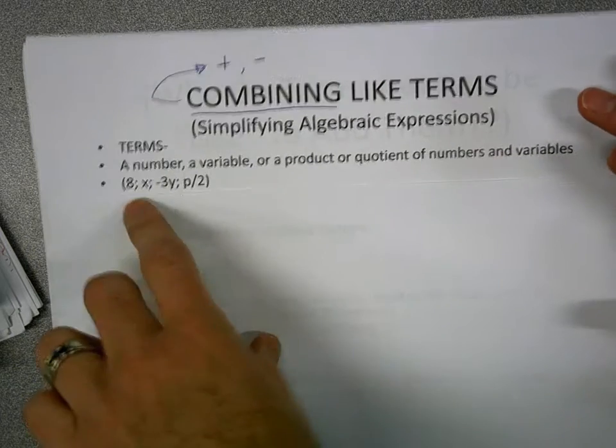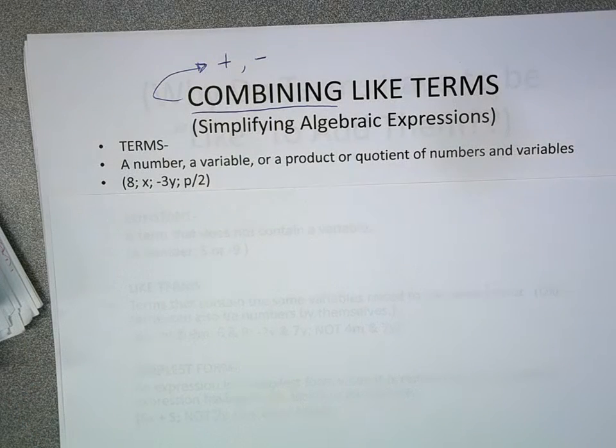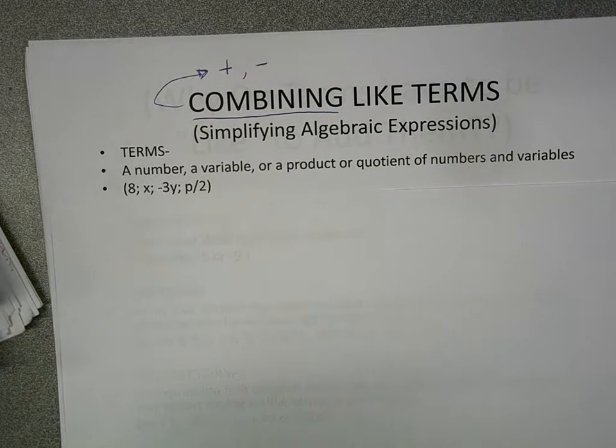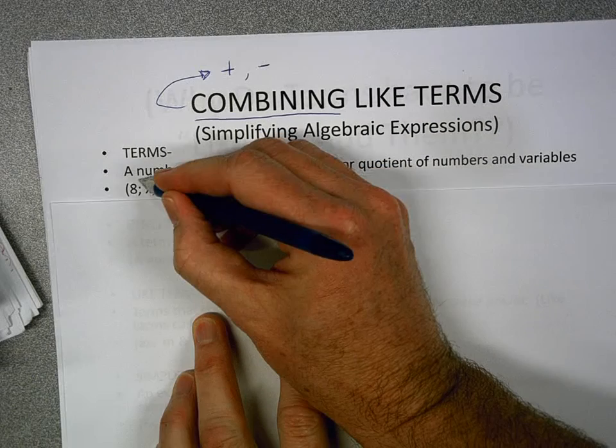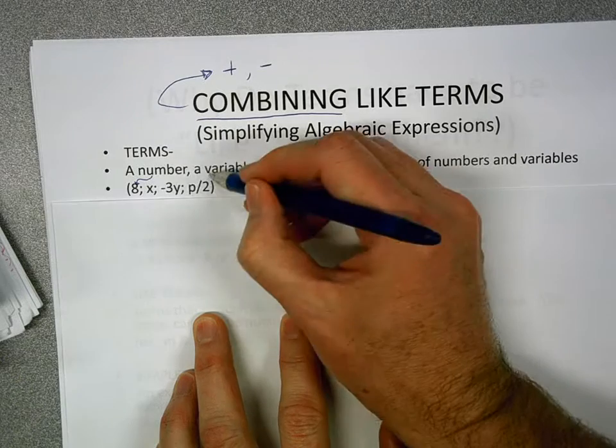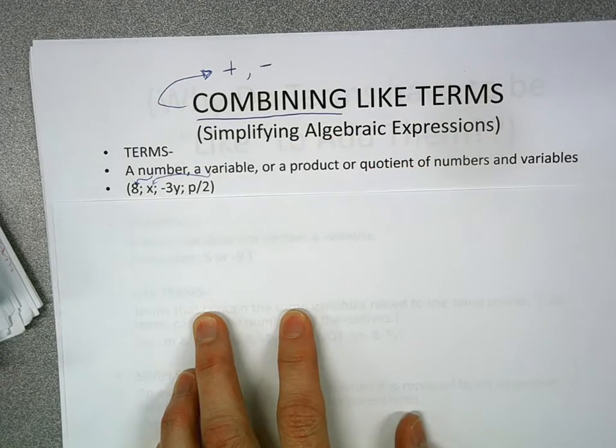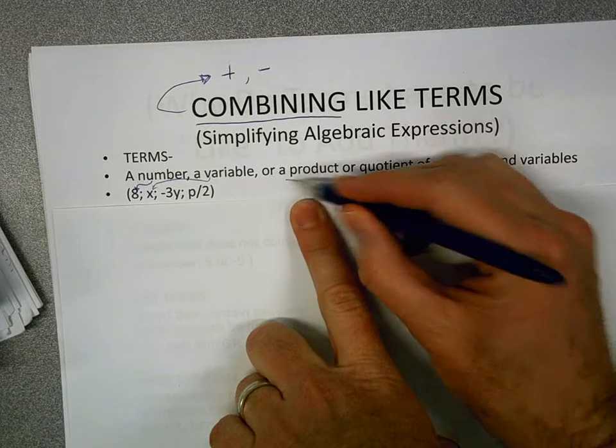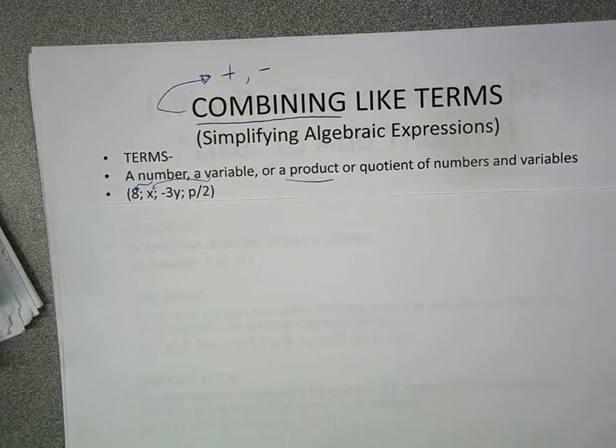In your little box, 8, just the number 8, is a number, and that's also called a term, a positive 8. The variable x, just x by itself, is a term. It's a variable, so it's also called a term. If you take a look, these are all separated by a semicolon: a number, a variable, and then a product of a number and variable.